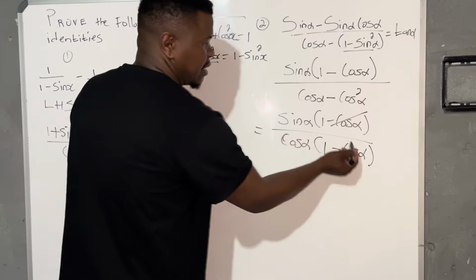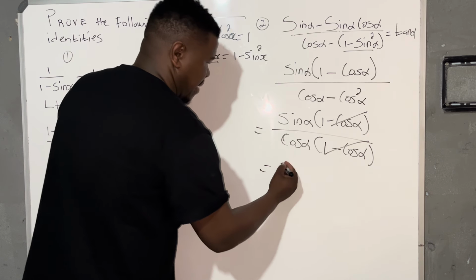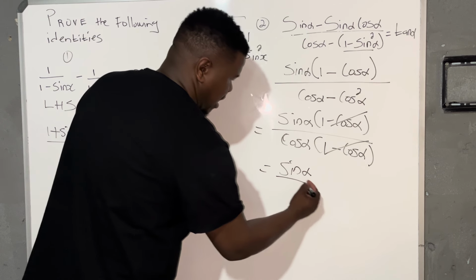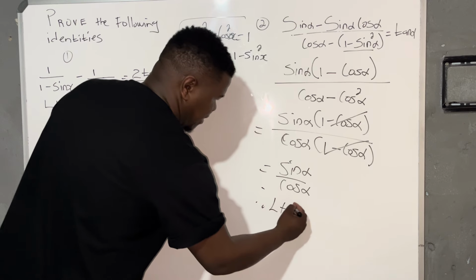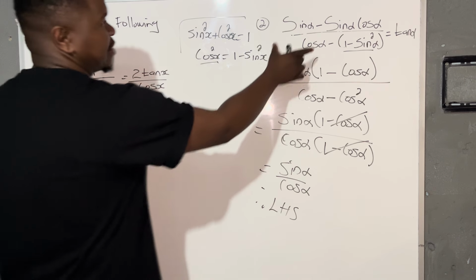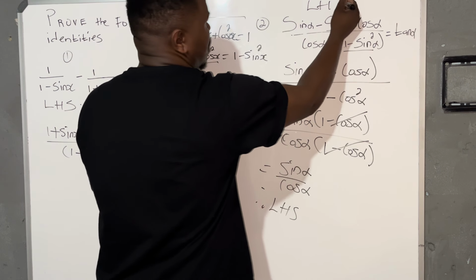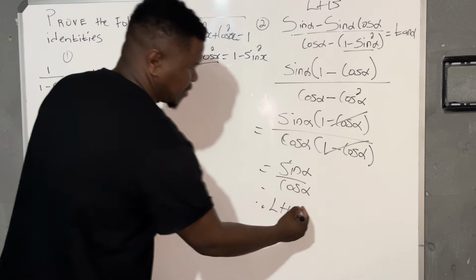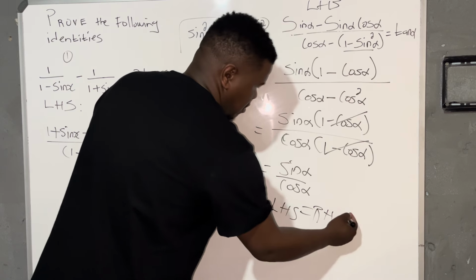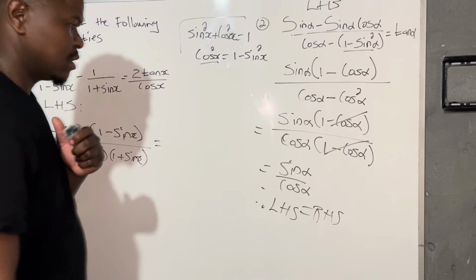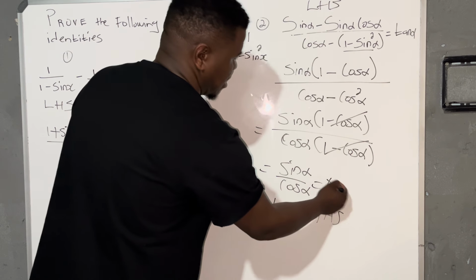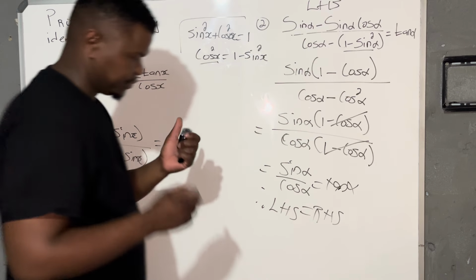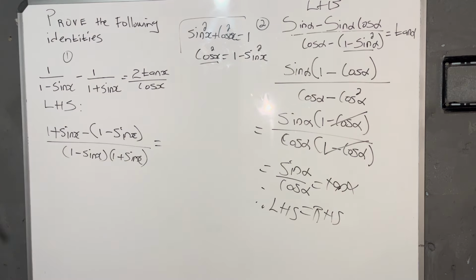We can cancel these because they are similar. Then I'm getting sine alpha over cos alpha. Since we worked with the left-hand side, the left-hand side is equivalent to the right-hand side, because sine over cos is tan alpha. That is the end of this video.